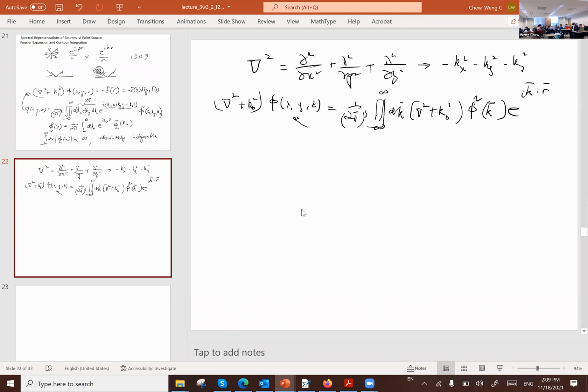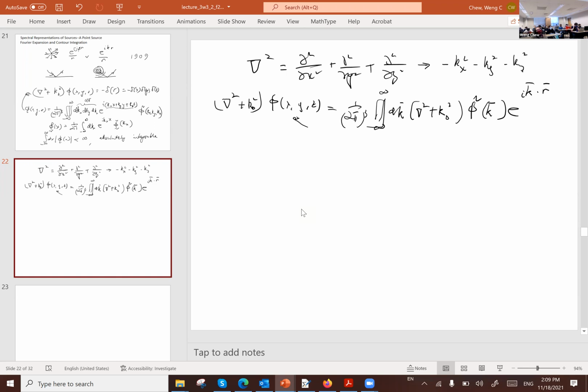Okay, can you see this so far? Now I let the Laplacian operate on the integral. The only place that depends on space is the e to the ik dot r, and those are plane waves. And the Laplacian will just become that. Good. Excellent.